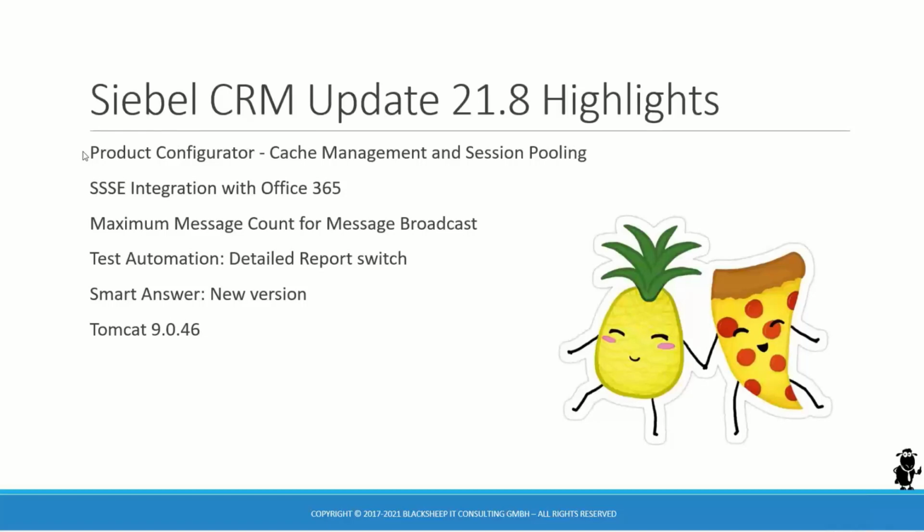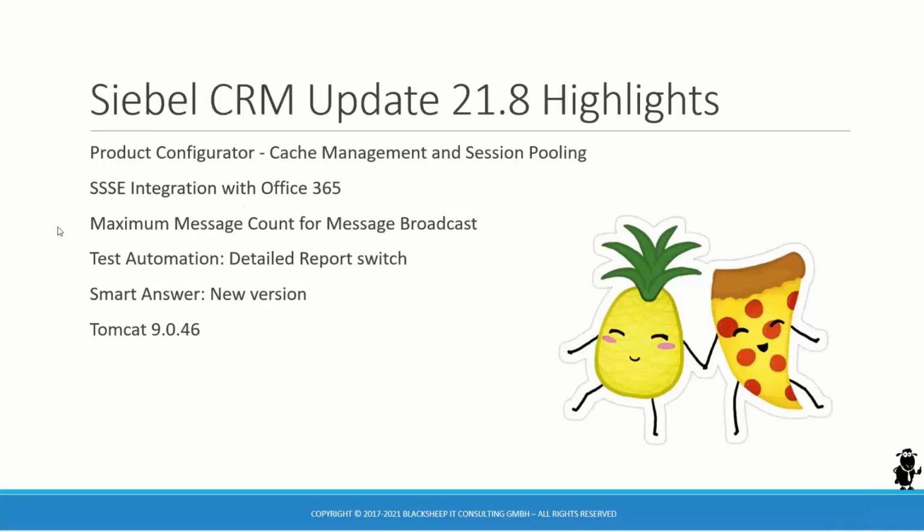The first two are those official features: product configurator improvements and triple SE, the Siebel server sync for Exchange integration, is now supporting Office 365. And then as you go through the release notes and the tiny little what's new notes in Bookshelf, you find some hidden gems as usual.